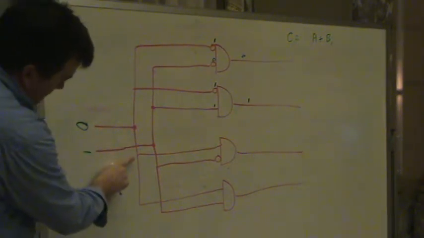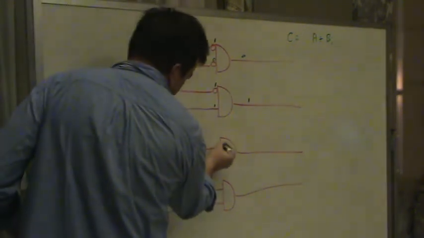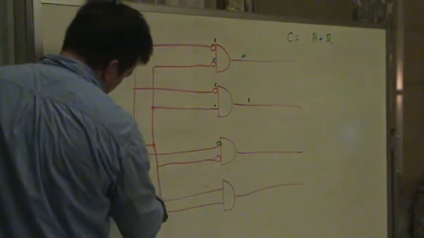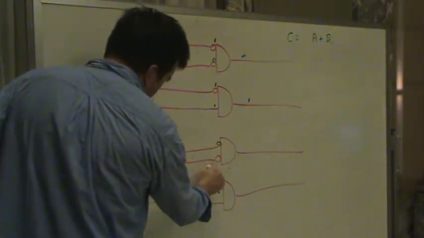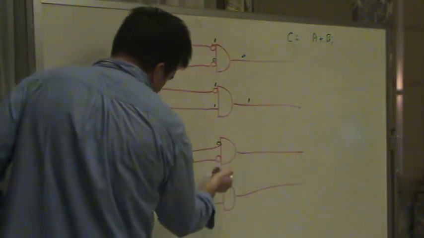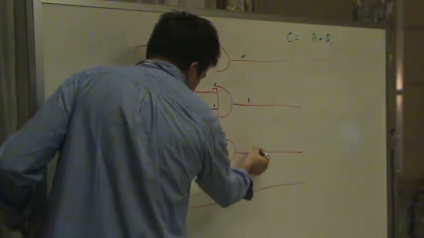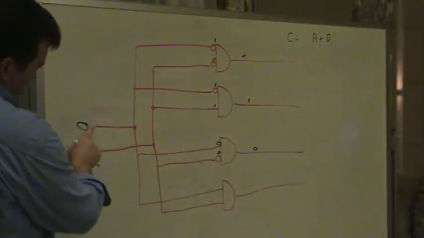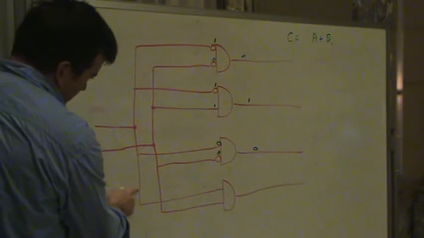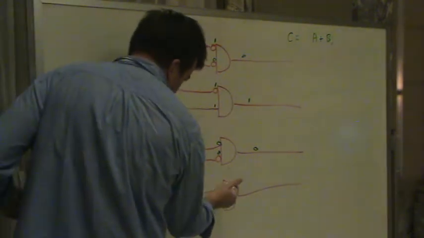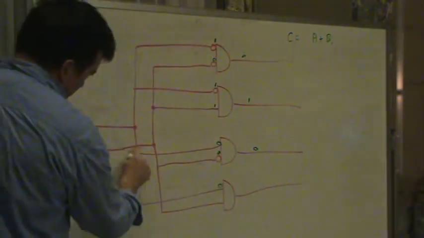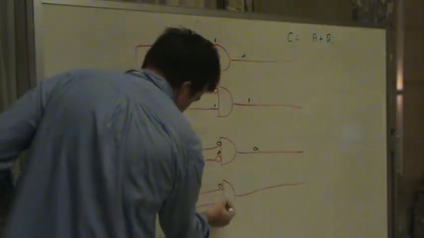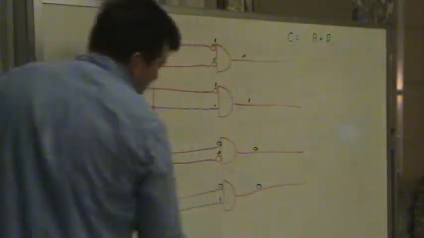This 0 becomes a 0, stays a 0. This 1 becomes a 0, and no electricity comes out. This 0 becomes a 0. This 1 stays a 1, and no electricity comes out.